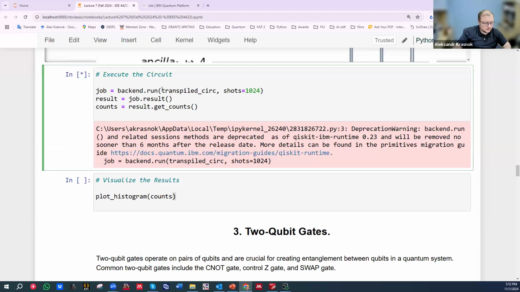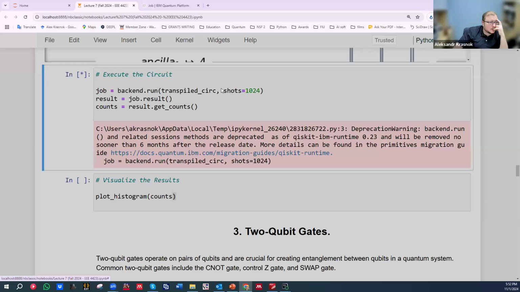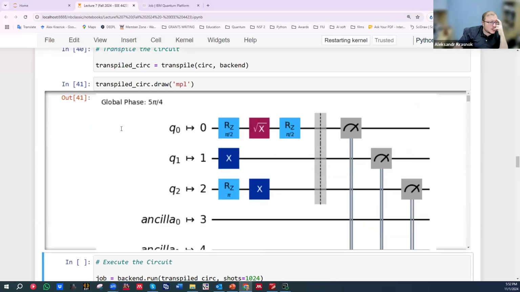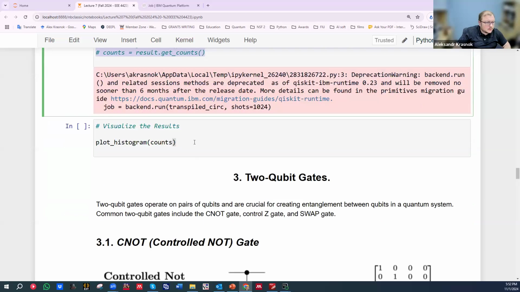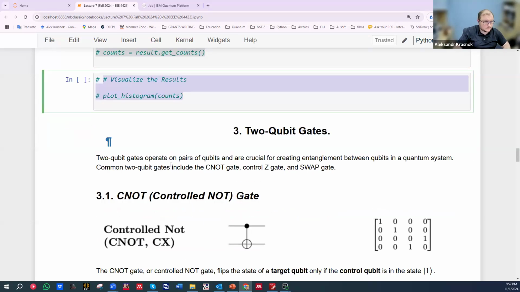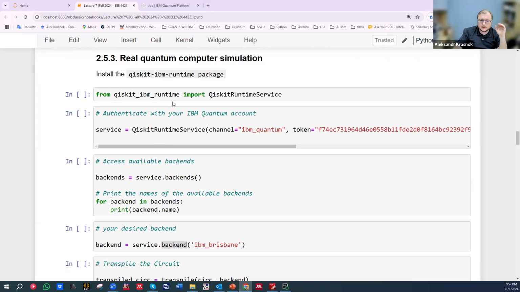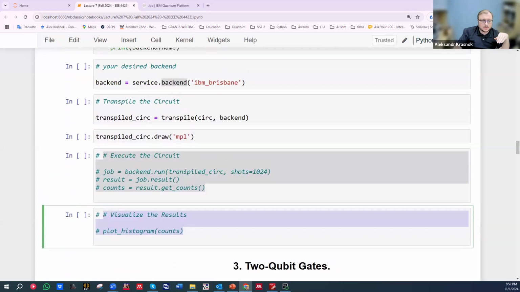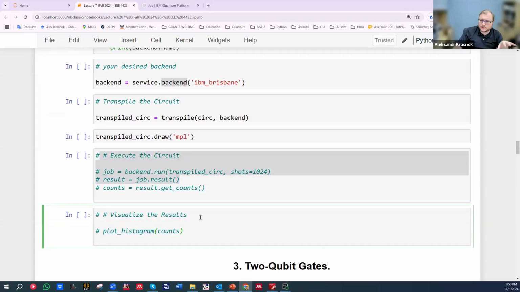Right. So let me restart and clear your output and comment these lines. Okay. So in your homework, you will be asked to do this simulation, getting results and visualization for your particular circuit.